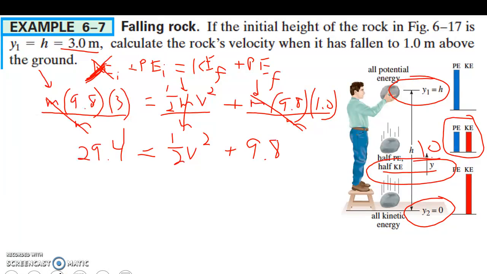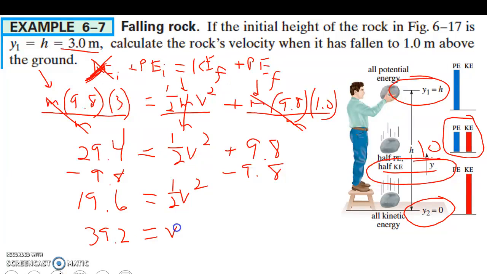Now this is kind of magical here because now look what I can do. Now I can solve for v. I can subtract 9.8 over. All right, and I get 19.6 equals 1/2 v squared. I multiply by 2 to both sides, and I get 39.2 equals v squared.